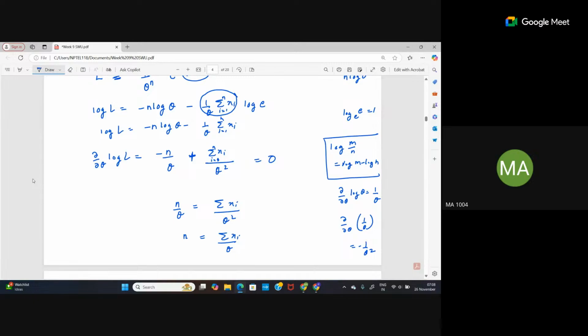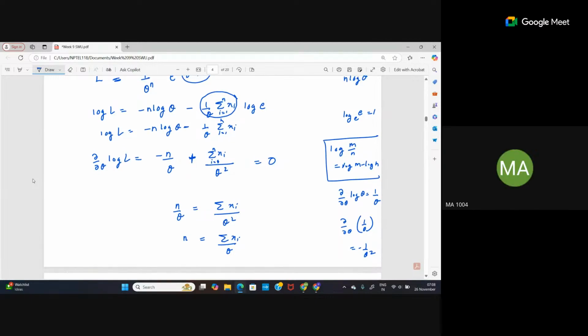So minus minus will become plus, and it will be summation of xi divided by theta square. Then we have put it equal to 0, and from here we have found the value of theta.